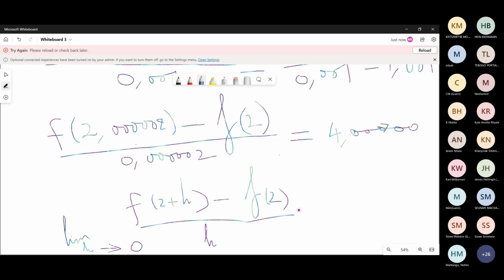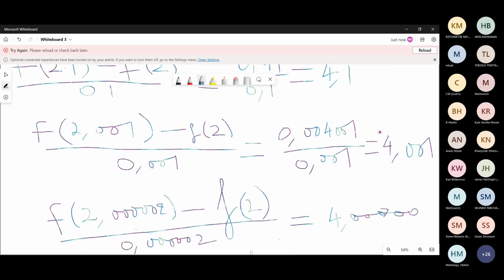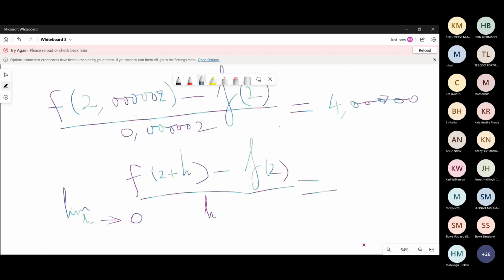Intuitively, what will you obtain here? Here we have 4.1, here we have 4.001, here we have 4.0000 something. At the end, we'll have only 4, right?